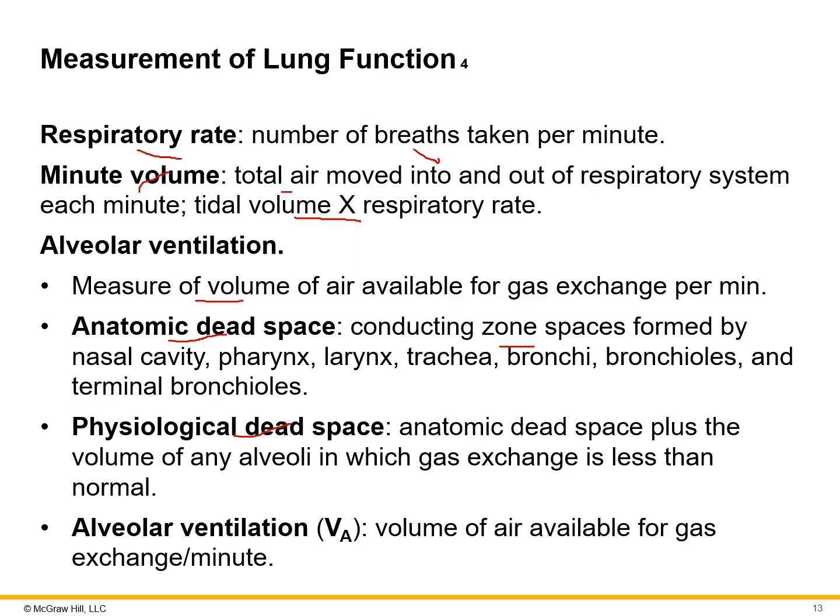This is going to be the anatomic dead space, so in that conducting zone, plus the volume of any alveoli where the gas exchange is less than normal. And then we have the alveolar ventilation. This is the volume of air available for gas exchange per minute. So how much air can actually be exchanged during that minute.